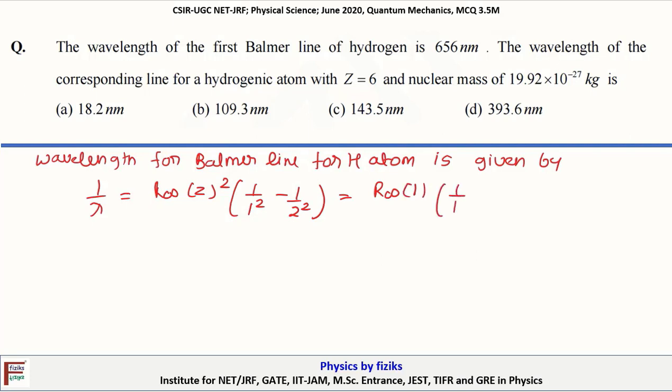Here we would have 1 minus 1 by 4, so 3 by 4 R infinity.